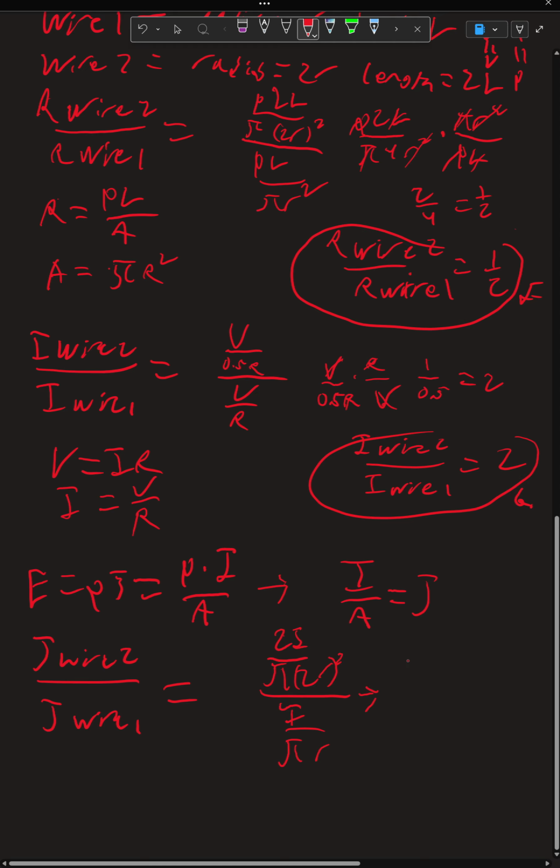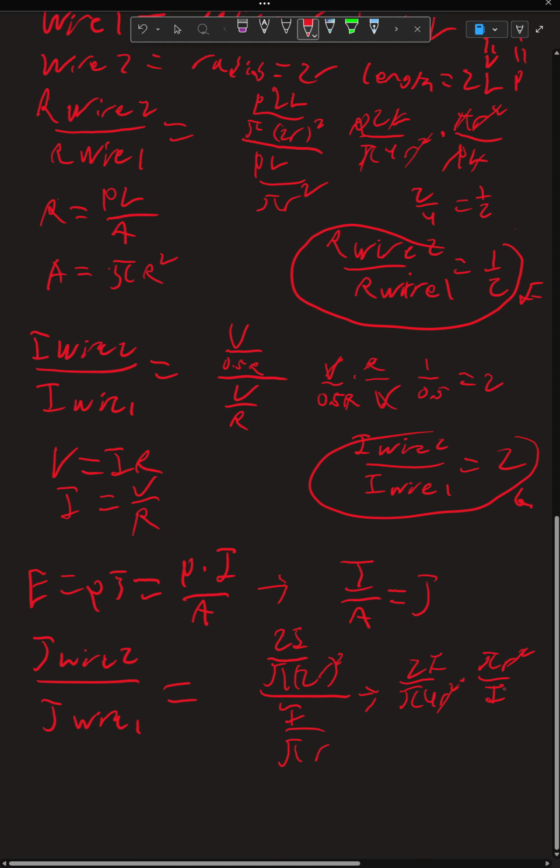That equals 2I over pi 4r squared, times pi r squared over I. Let's cancel.